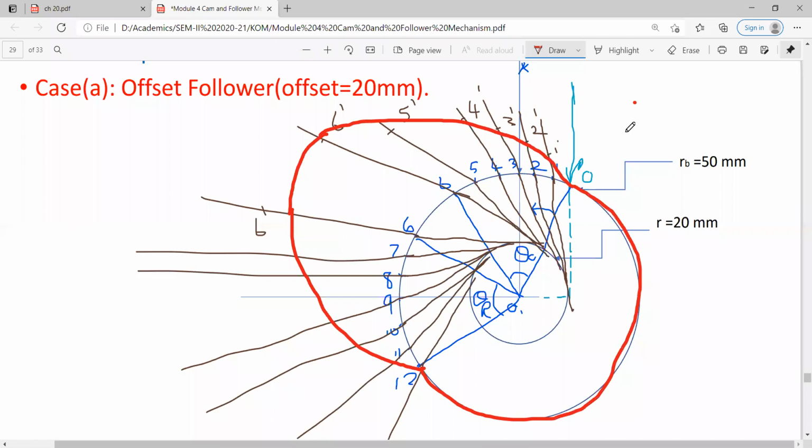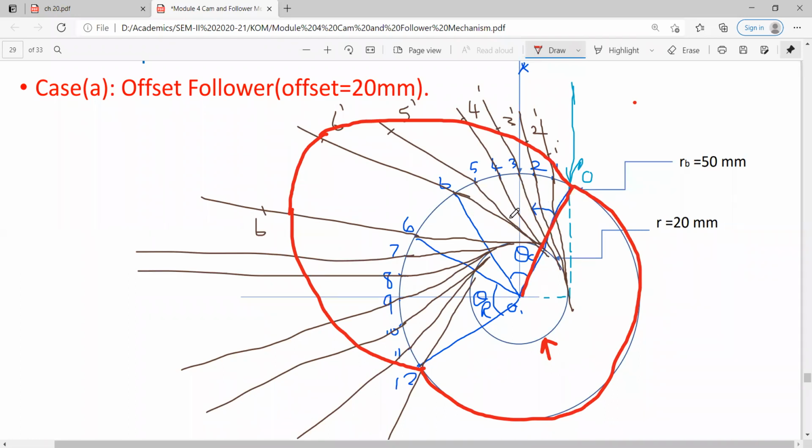What are the changes compared to the radial follower? Here one more circle is drawn, which is known as the offset circle. Then you set the follower such that its axis is tangent to the offset circle from this point. Then you join the follower initial position point 0 with O1 by this line, and you measure the angles from this line, not from the vertical line.